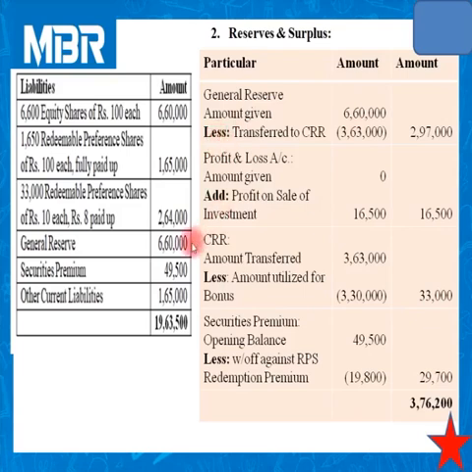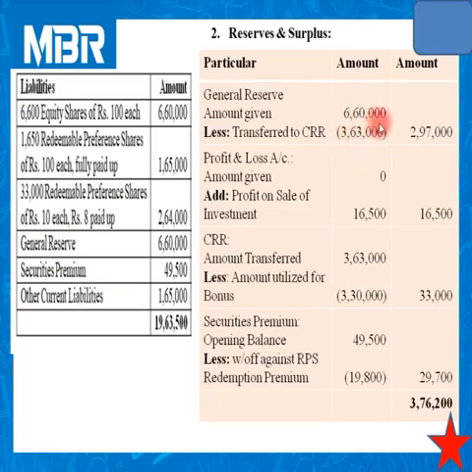Let us check. Amount of general reserve is 6,60,000. You can check on the given balance sheet. Out of 6,60,000, amount transferred to CRR account is 3,63,000. To understand the figure of 3,63,000, you can check calculation of step number 3.